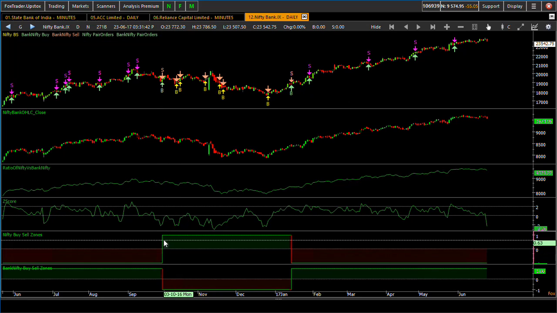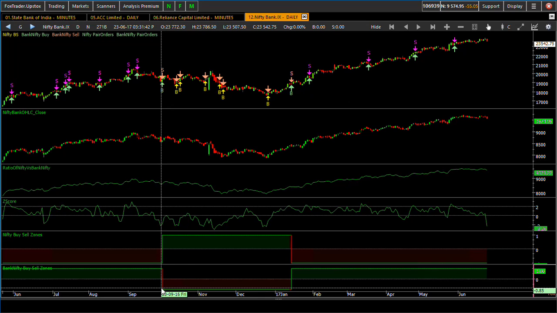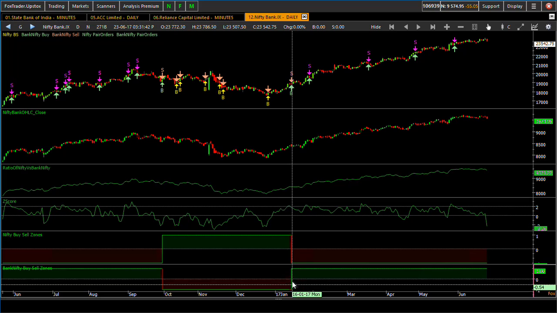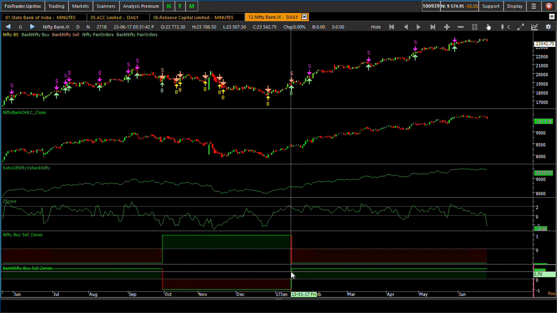The time when I'm getting a buy signal on Nifty, at the same time I'm getting a sell signal on Bank Nifty. The time I'm getting a sell signal on Nifty, at the same time I'm getting a buy signal on Bank Nifty, right? So you always go long on the outperforming index and you go short on the underperforming index.